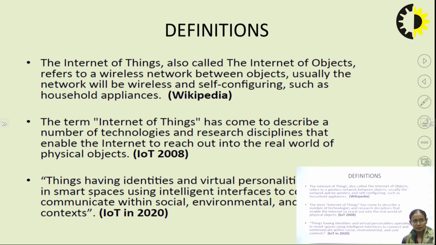In 2008, what did IoT mean? At that time, the definition said the term Internet of Things has come to describe a number of technologies and research disciplines that enable the internet to reach out into the real world of physical objects.